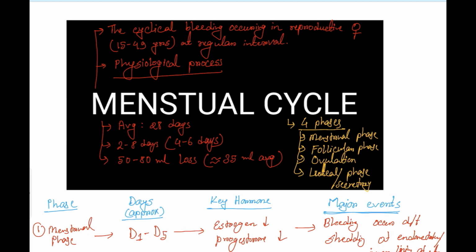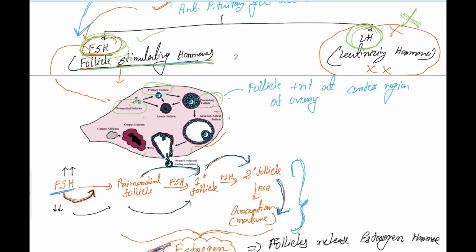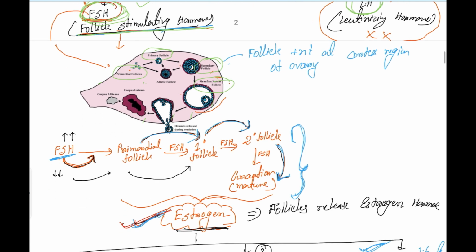Here are your primordial follicles, primary follicles, secondary follicles, graafian follicles. Under the influence of follicle stimulating hormone, the primordial follicle turns into a primary follicle, turns into a secondary follicle, turns into a graafian follicle, and they mature one by one. The primordial follicle is the immature one and the graafian follicle is the mature one. So under the influence of FSH, the immature follicle turns into a mature follicle.